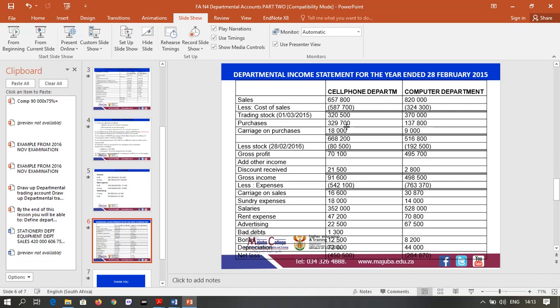You add that 9,700 to the balance of 320,000. For computer department, it's going to be 160,000 minus 9,700, the amount that was transferred, minus the returns. You'll be left with 137,800. That is how these two amounts come.